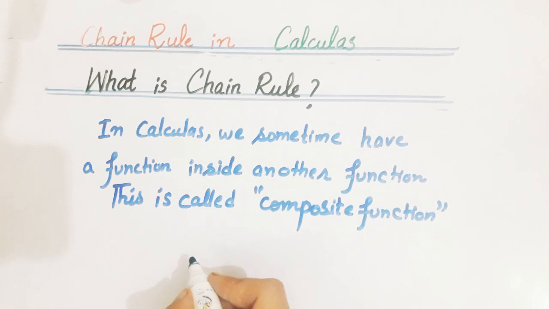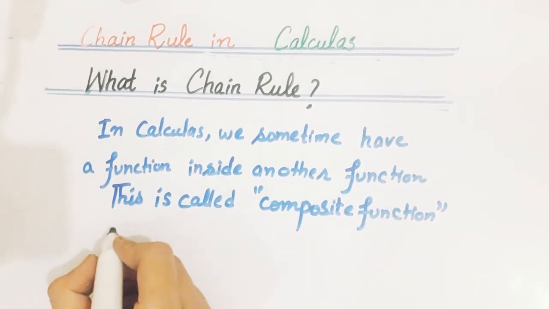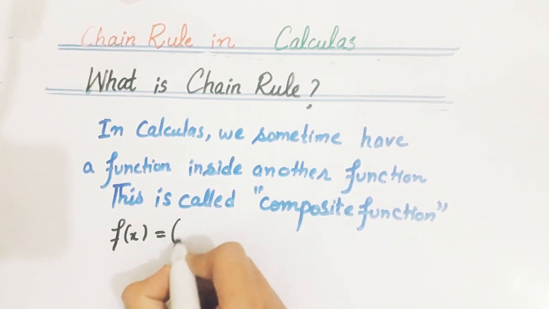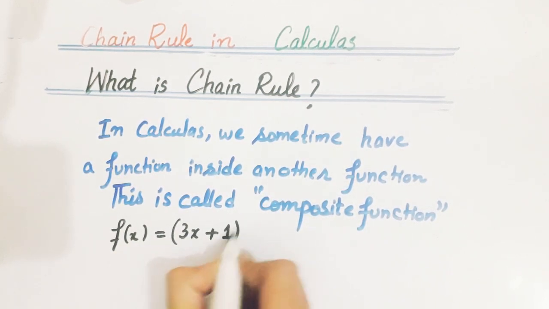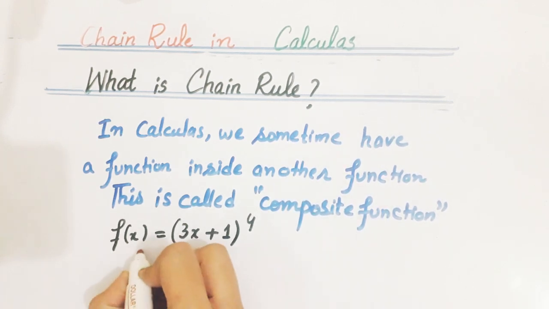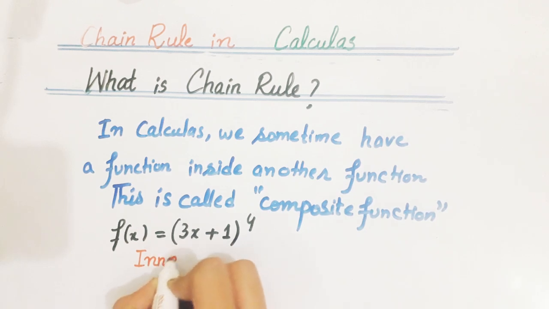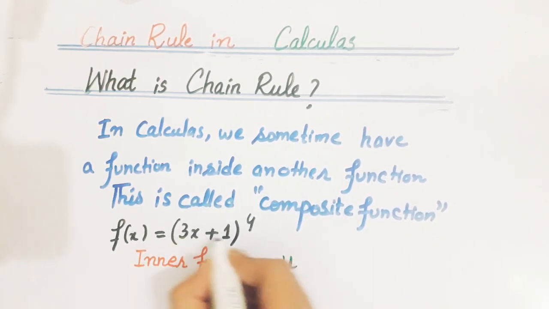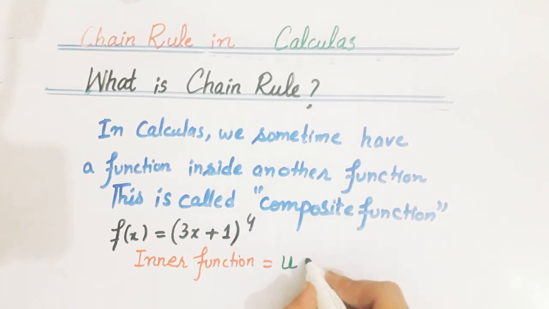For example, if you have a function like f of x equals (3x plus 1) to the power 4, then you will write the inner function equal to u, and u equals 3x plus 1.